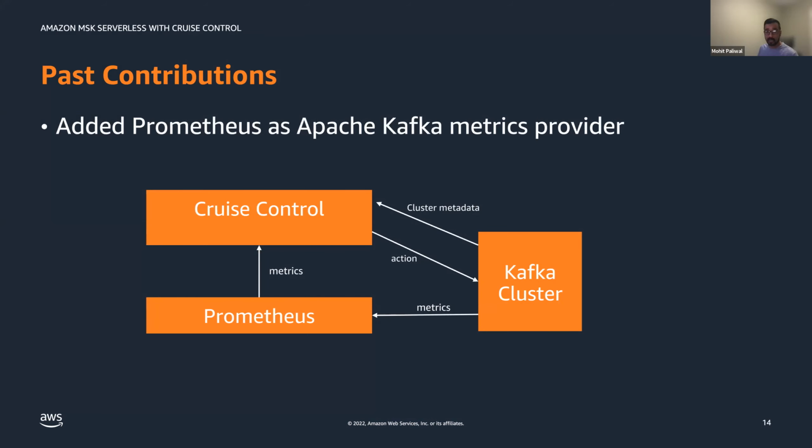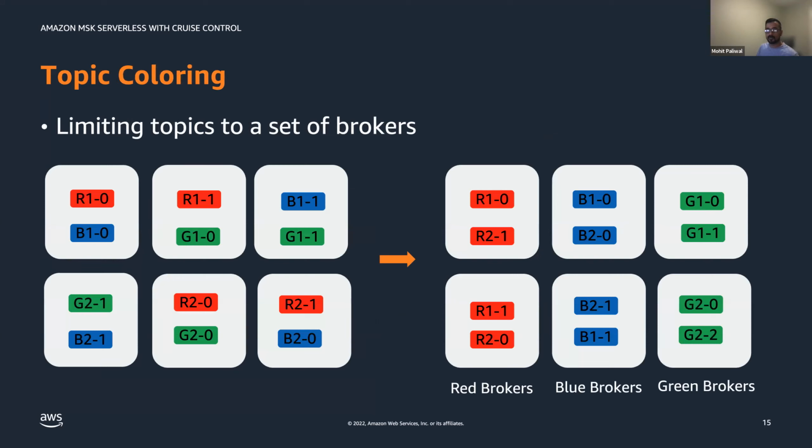This year, we collaborated with the maintainers of Cruise Control again and worked together to bring another goal to Cruise Control. To explain what this goal does, let me first introduce something called topic coloring. As you can see in this picture, topic coloring basically means grouping topics into a group of brokers in your cluster, right?